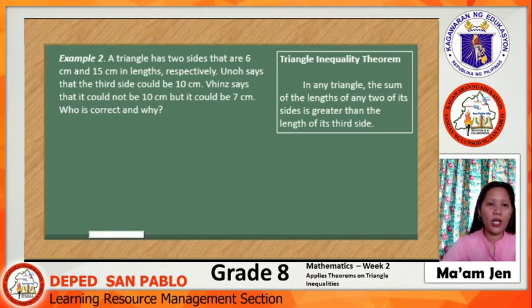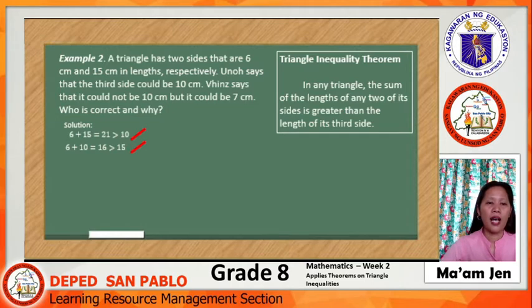Let's get first 6, 15, and 10 centimeters. 6 plus 15 is equal to 21. Is 21 greater than 10? That is correct. Next, how about 6 plus 10? That is 16. Is 16 greater than 15? That is correct.